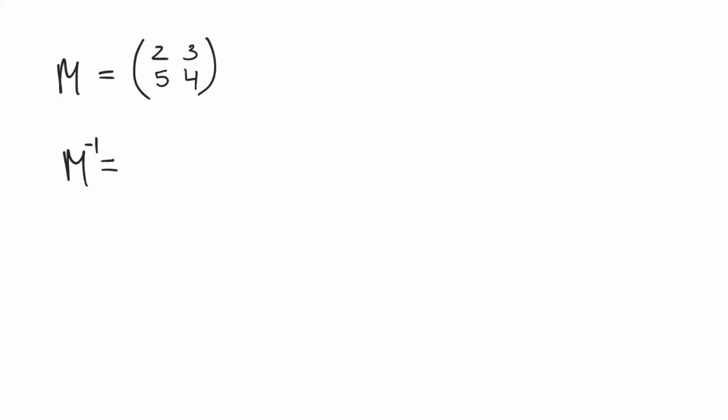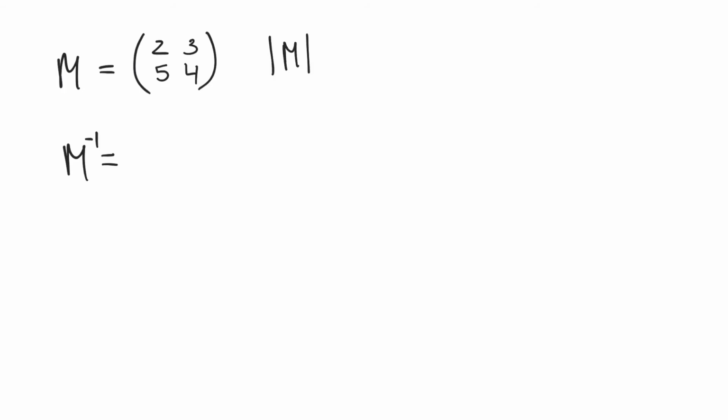And we have this little matrix M, 2, 3 in the first row and 5, 4 in the second row. So right off the bat, let's find the determinant and see if we should even pursue finding the inverse of this matrix. And the determinant of M is going to be equal to 8 minus 15, or negative 7.